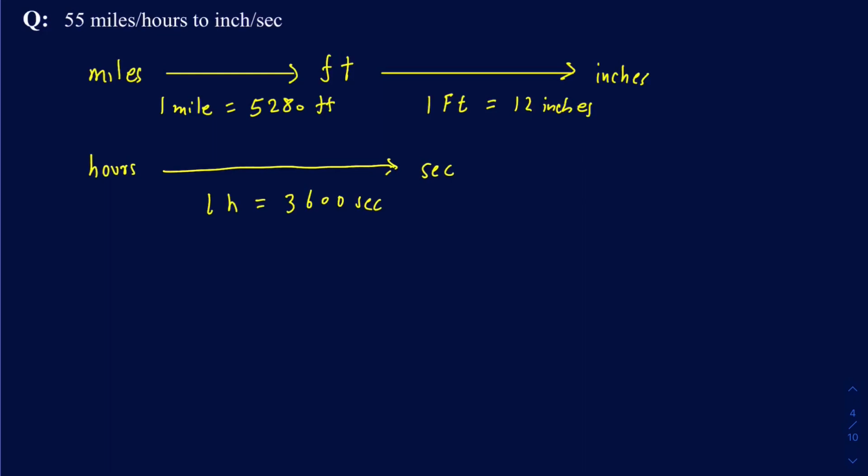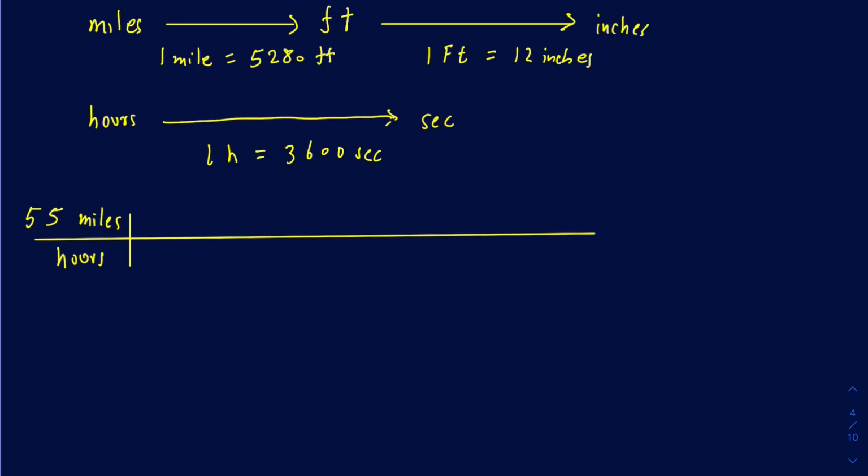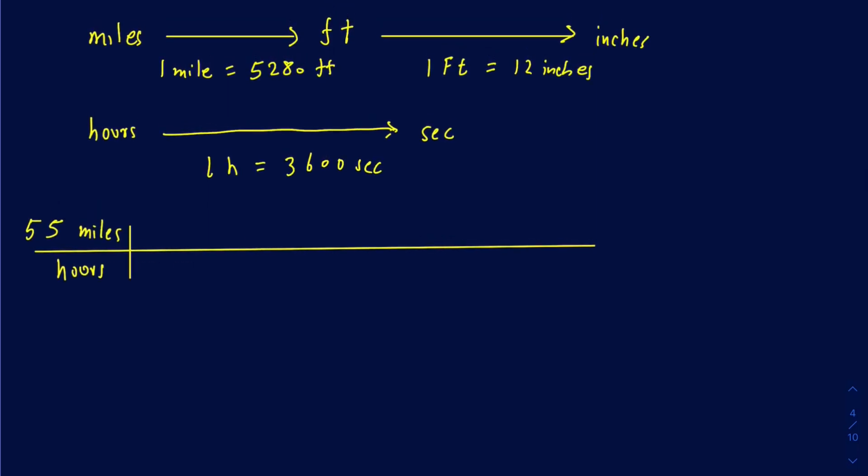Okay, so let's go ahead and write it out now. So 55 miles per hour to inches per second. Let's focus on the miles. Don't focus on both of the units at a given time. Do one unit and then focus on the second unit.